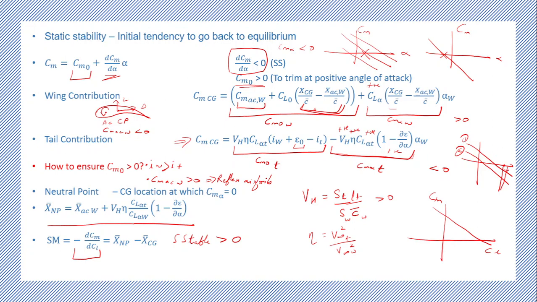Now, the amount of Cm that contributes to restoration, this dCm, the change of moment due to the change of alpha. So dCm due to d alpha will remain the same, correct?